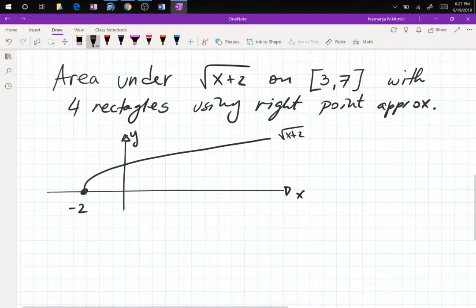Then we're going to go to 3 and 7, and shade lightly the area in question.